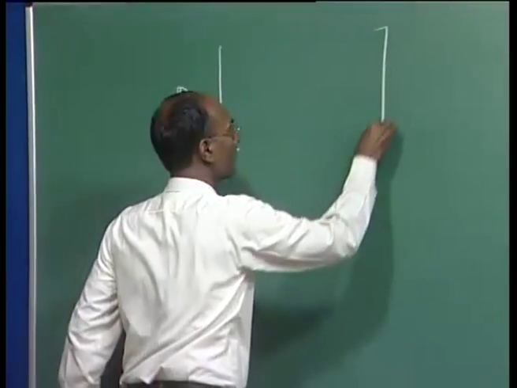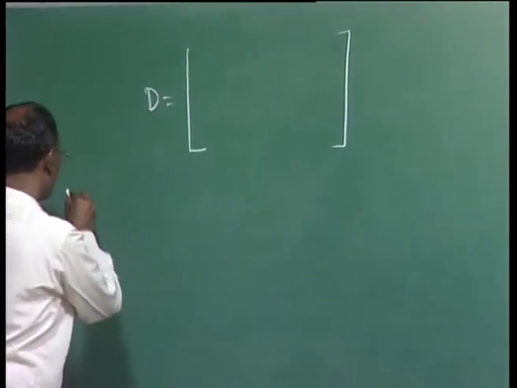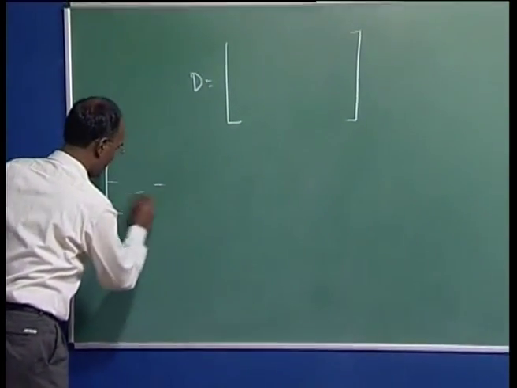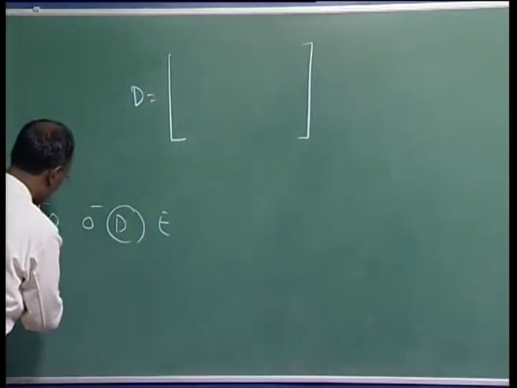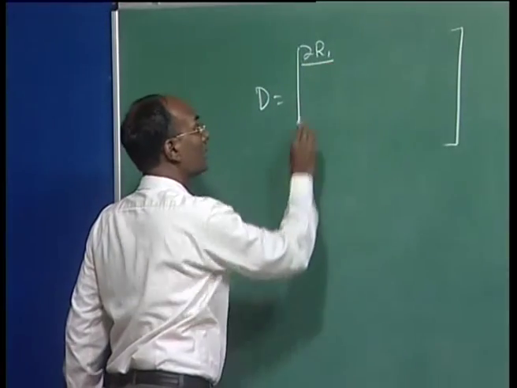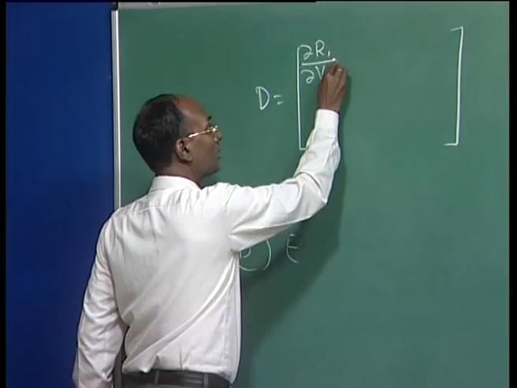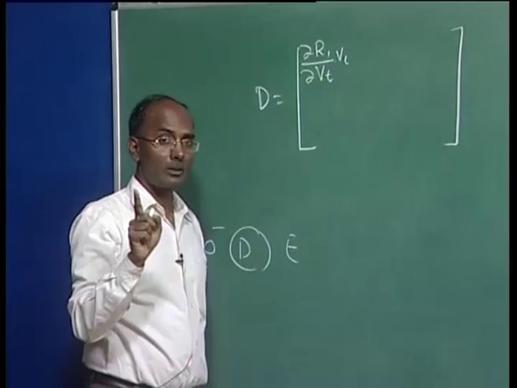We can write here this D corresponding to 0 0 D, and it was E, it was corresponding to R1. So, I can say R1 here, it is Vt into Vt, because the Vt is 2 in our case.